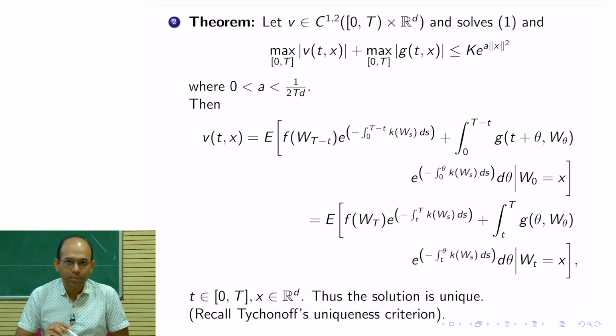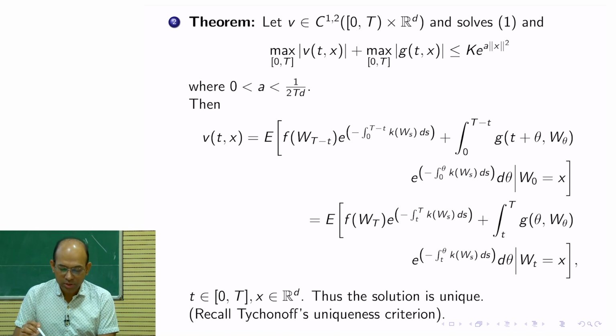Then v of t comma x, where I am now writing the explicit dependence of v on t and x, is the conditional expectation of small f, the terminal condition, of W at capital T minus small t, times e to the power of minus the integral from 0 to capital T minus t of k of W_s ds. This small k is the potential function, but this capital K is not the same as small k. It is another constant, some positive constant.